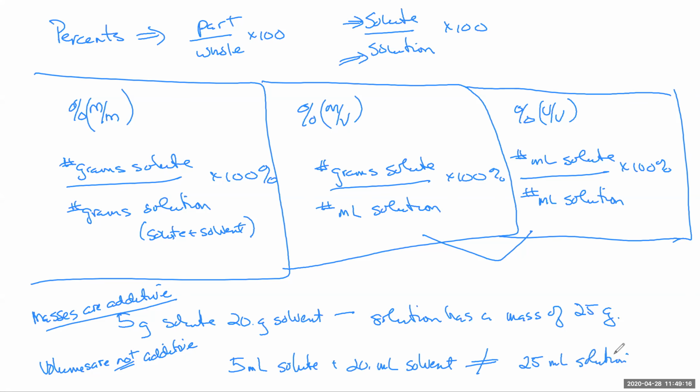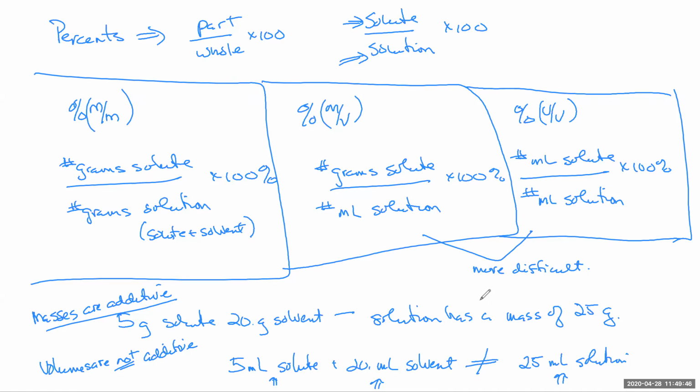That's because sometimes they fill in the holes of each other. If the density of the solute and the density of the solvent are different, then the density of the solution is going to vary as well. So volumes, you can't just add them, whereas masses, you can always add them. So these two are more difficult to deal with because of that problem. And that's, I believe, why your textbook probably just skips over them.